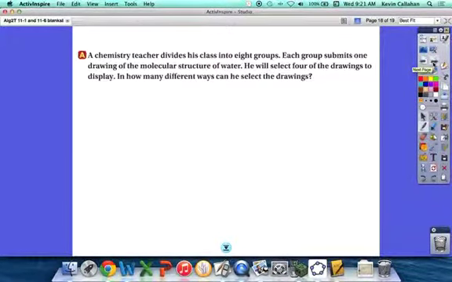So in that problem that we did before, since we're going to assume that it didn't matter the order, it only mattered which 4 got selected for display, then he was picking from a larger group of 8. It was a combination because order wasn't important, and he was going to select a total of 4.